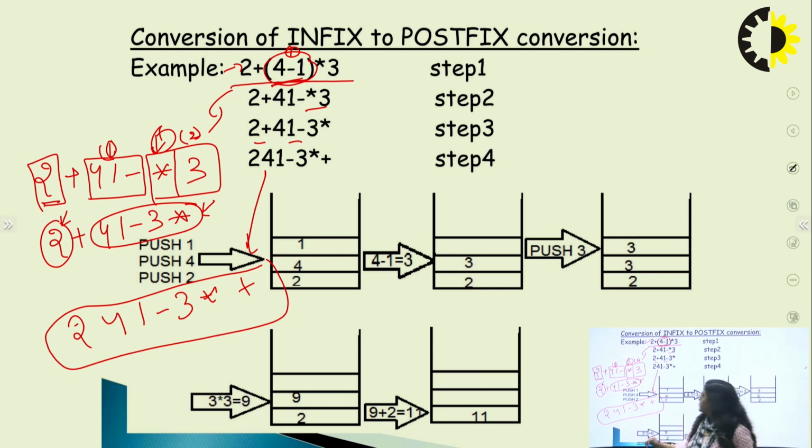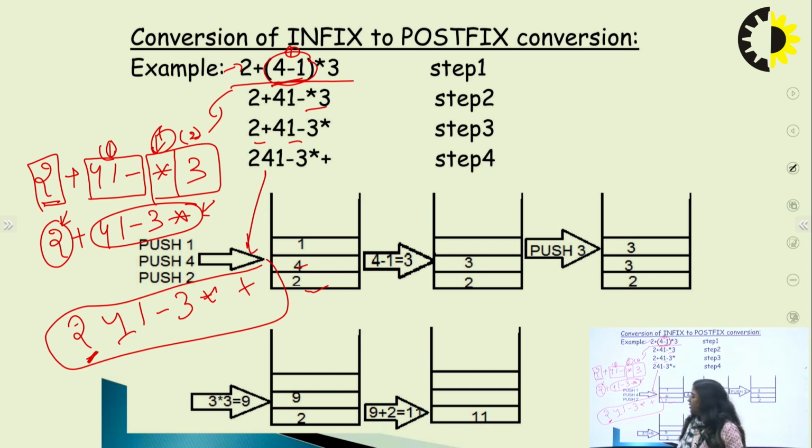According to this, you can easily insert 2. First, again you can insert 4. Means when you find an operand in the given expression, you can just easily insert it in your stack. But when you find any operator in the given expression, then apply the operation.